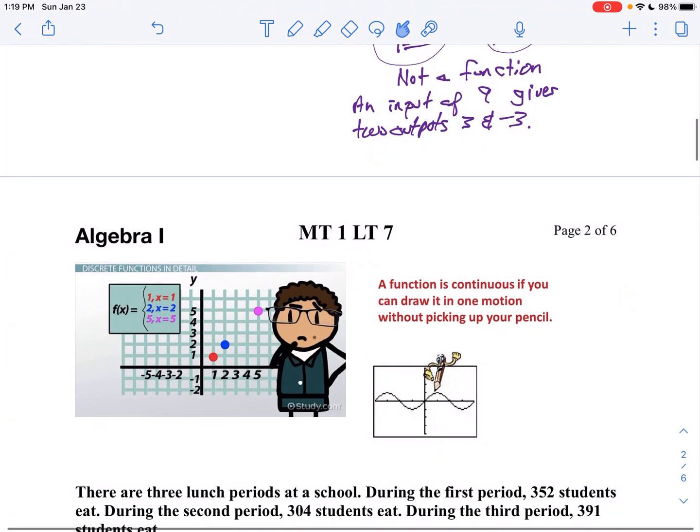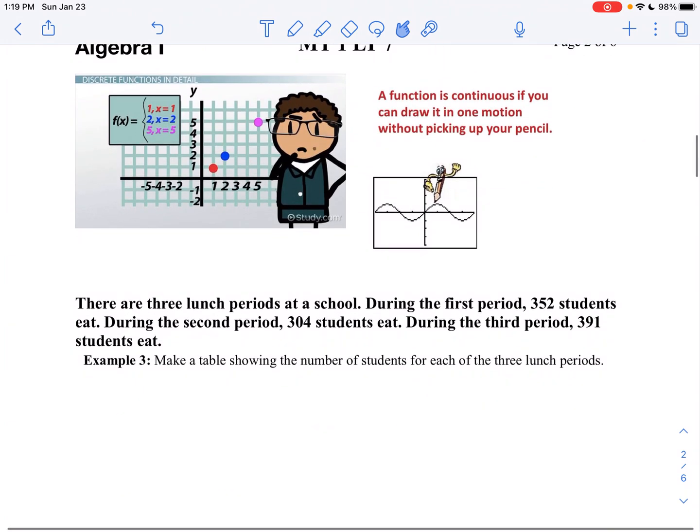If we look, let's go to the next page of our seminar. A function is continuous if you can draw it in one motion without picking up your pencil. So if I can draw this without picking up my pencil, it's continuous. If it's not continuous, then there'll be a break in my line.